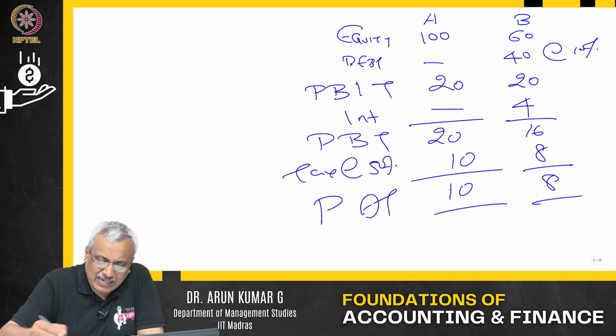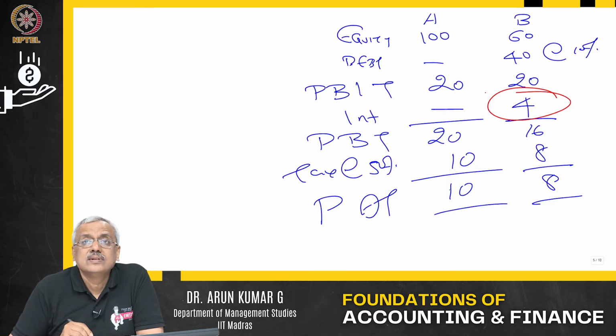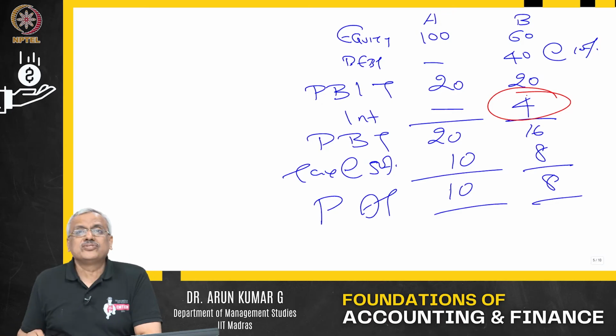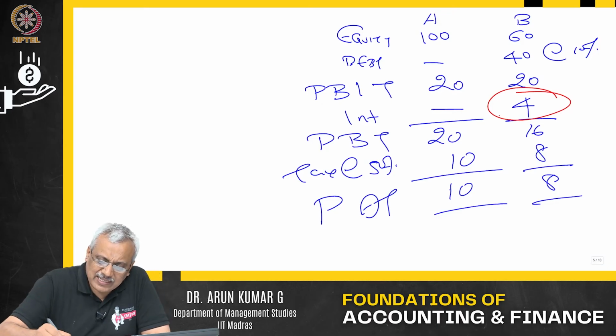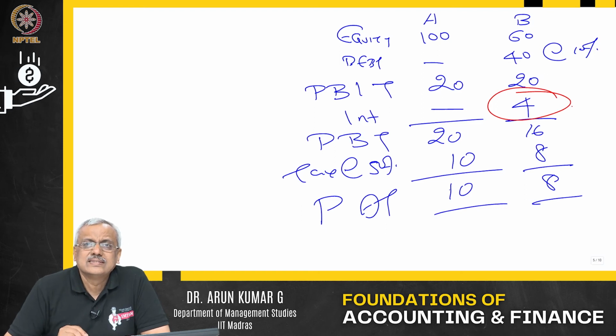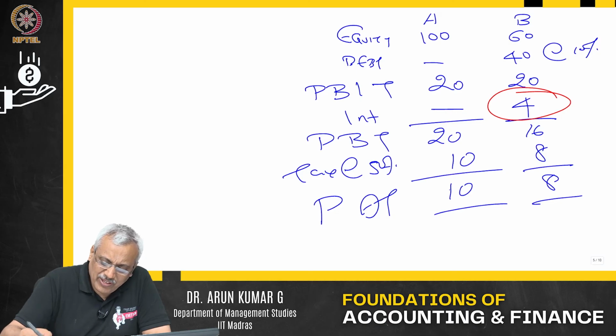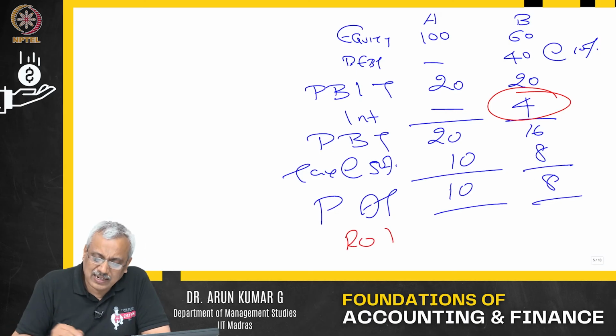So, what is the cost of debt? You will say, sir, the cost of debt is 10%. But because you have taken debt, the cost of debt is said to be $4 or 10%. But please note that if you say what is the return on investment out here, the return on investment in this case is $10.